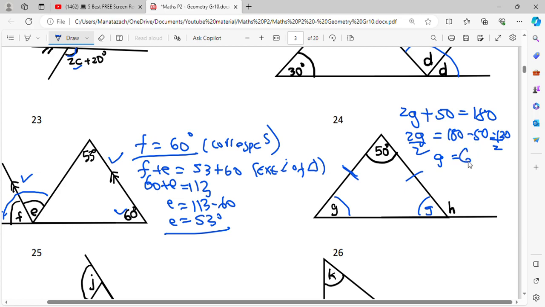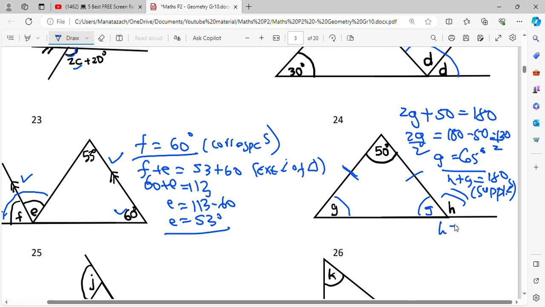So 65 degrees. And then here you'll notice that angles H and G are on a straight line. So here you'll have H plus G is 180 degrees. The reason is you have supplementary angles on a straight line.